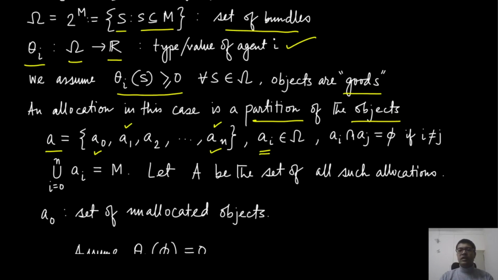So their allocation is a subset of this set M, and they are also disjoint subsets, and collectively they exhaust the whole set of objects, where the interpretation of A0 is the unallocated objects. So if there are certain objects which are not allocated, they fall in this A0 category. And we are going to assume that the set A contains all such allocations.